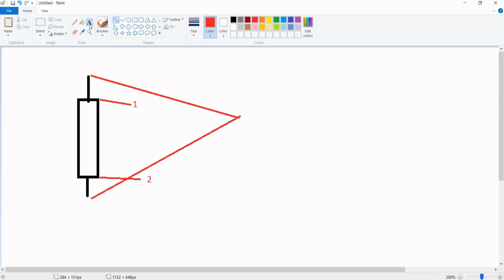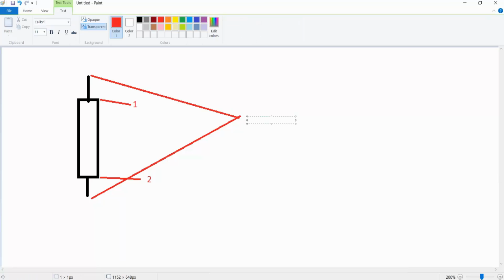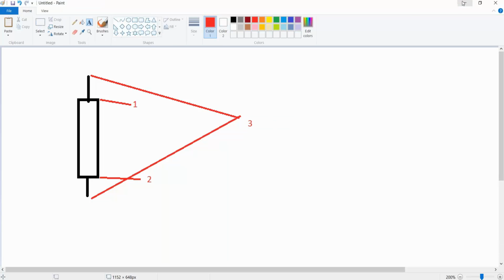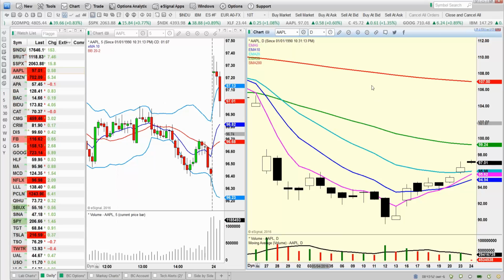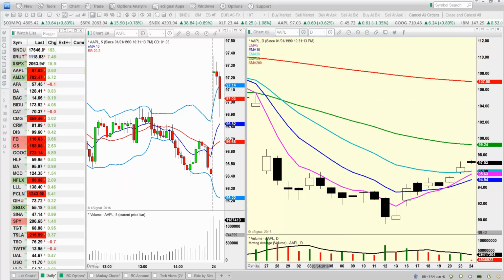Okay, so the third most important price is the high and low of the previous day. So when we're looking at a chart, we want to be looking at those candlesticks. And so you look at, for example, yesterday with Apple, they traded right up here to this wick, 97.19, turned around and fell from there. We got up to that area, 97.20, a little bit higher than that, and then failed at that point.